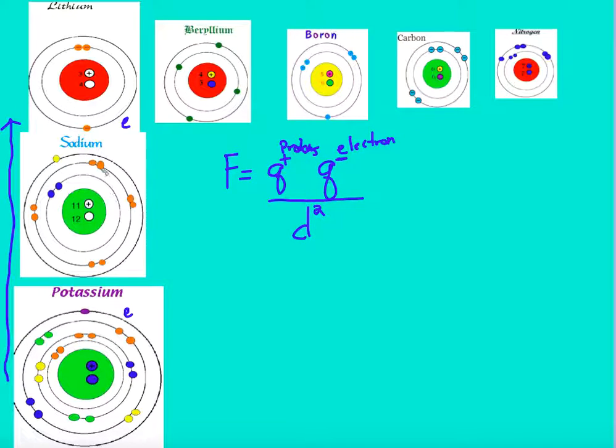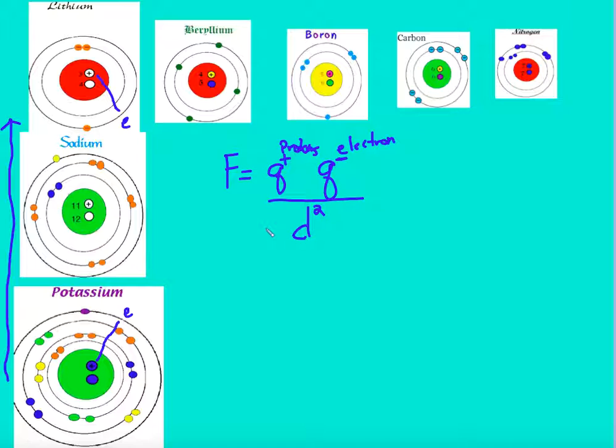Well, the electron that lithium would try to attract is very close to the nucleus, versus potassium, where that electron is very far away compared to lithium. These models don't quite show exactly how it would be, but you can get the idea. Basically, the further away something is from the nucleus, the less force of attraction there will be.